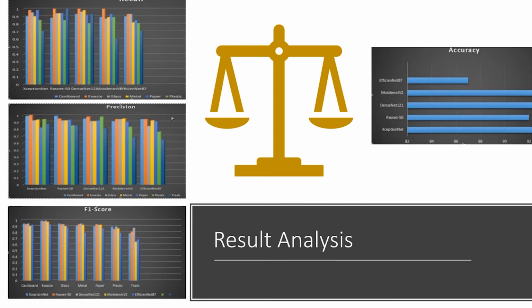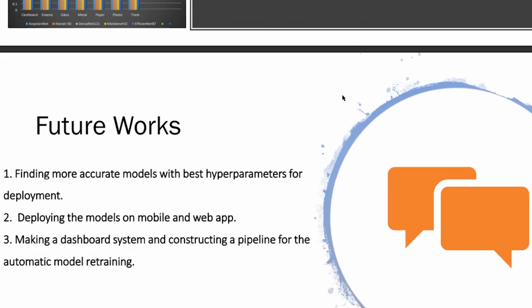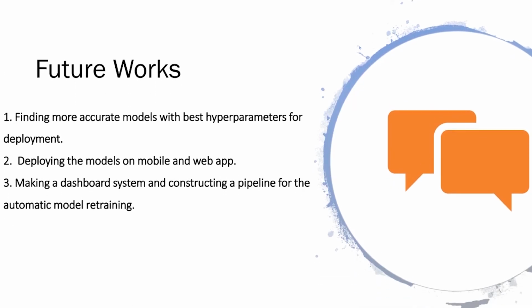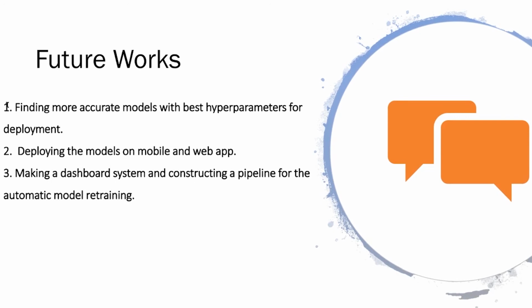So let us see the future work. The future work would be finding more accurate models with the best hyperparameters for deployment. We have tried different transfer learning models, and as technology is developing very rapidly, later on more transfer learning models can be applied on the same data to see more accurate results.